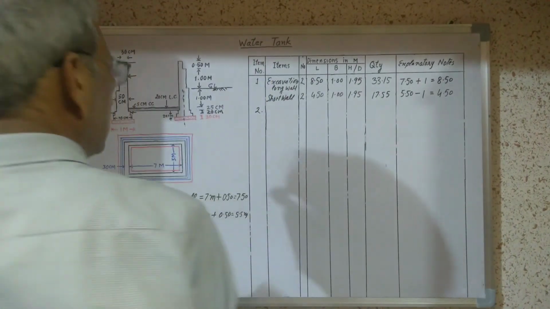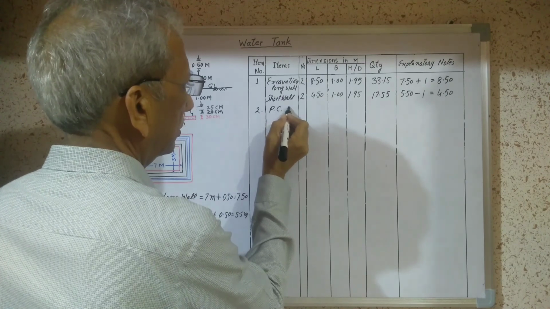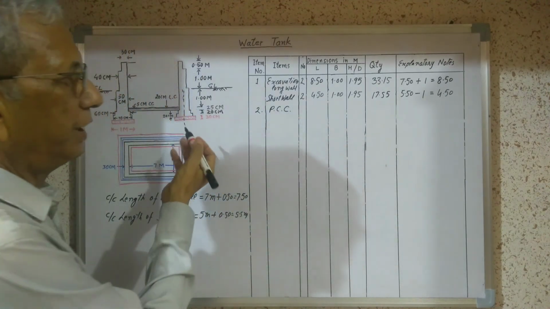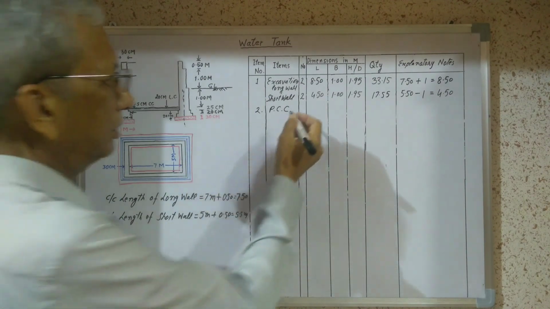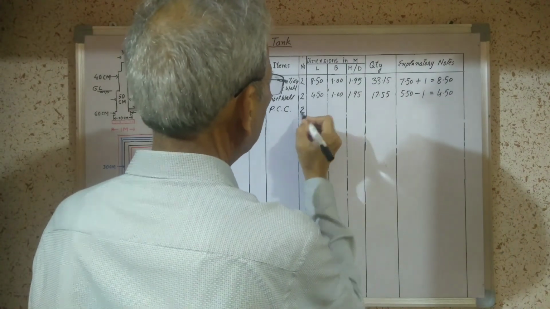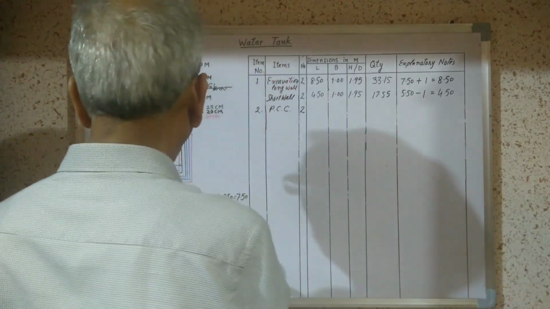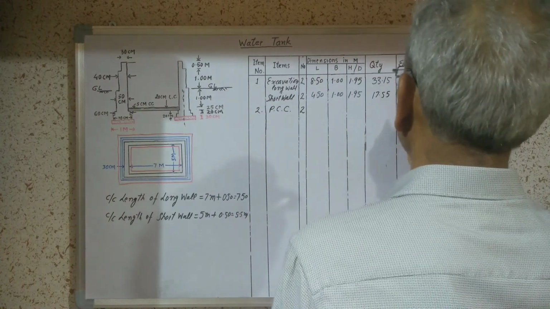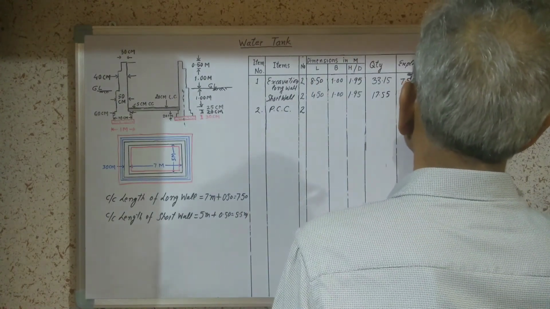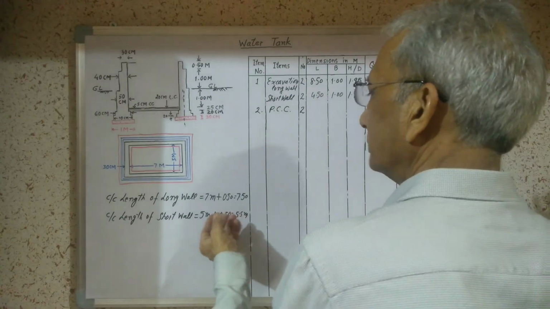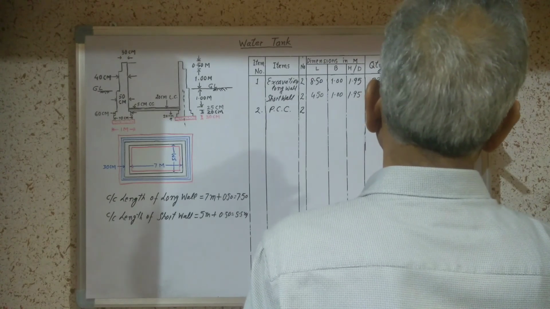Now, item number 2 is plain cement concrete, which has been shown in red color. Similarly, there are 2 long walls, and the length of the long wall will be center to center 7.5 plus width of the plain cement concrete, that is again 1 meter.